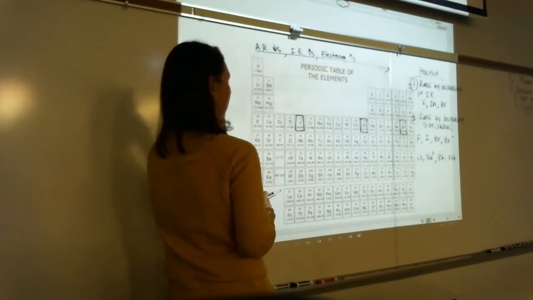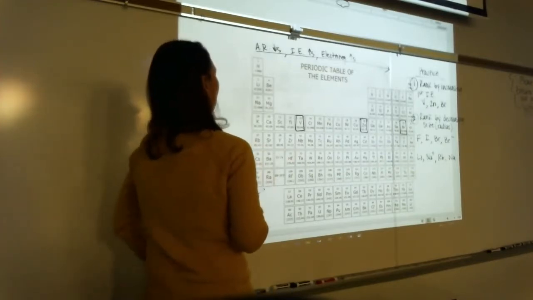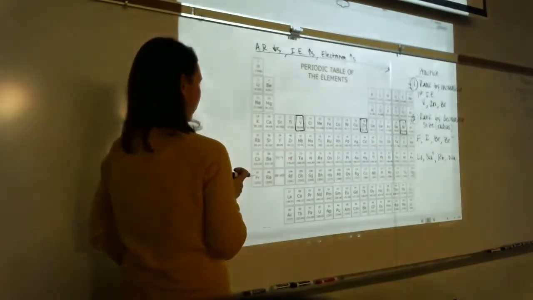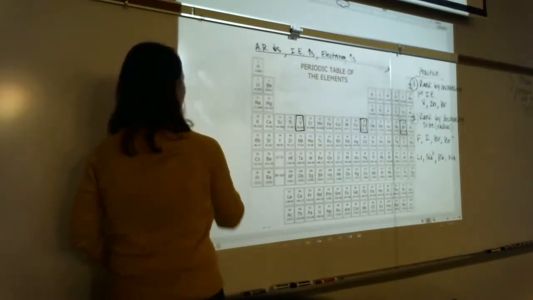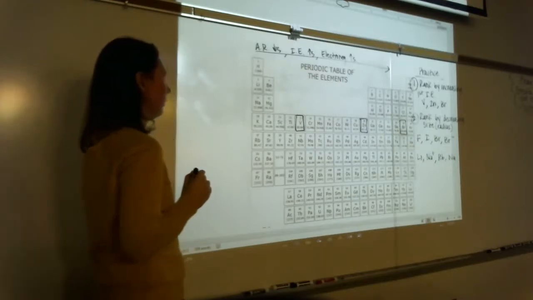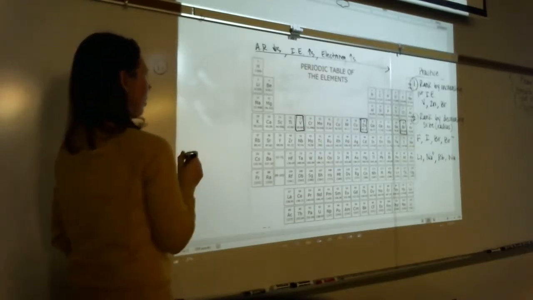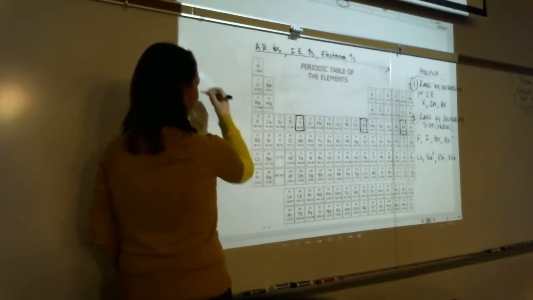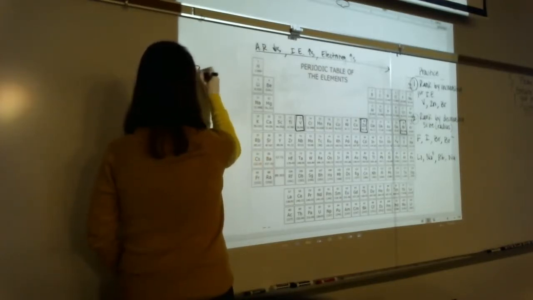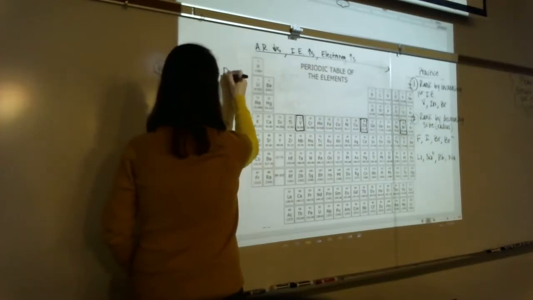It increases. So to rank them by increasing first ionization energy, which one goes first? The smallest ionization energy or the highest? Smallest, right? So who goes first? It's actually already in order; you wrote it in order. Vanadium is less than zinc, which is less than bromine.